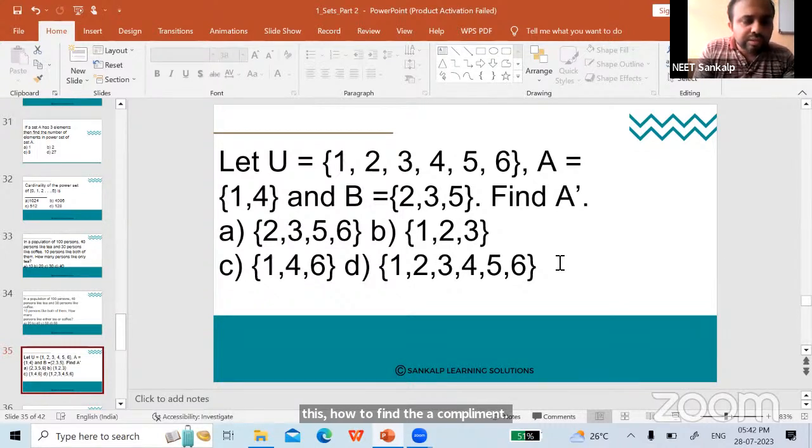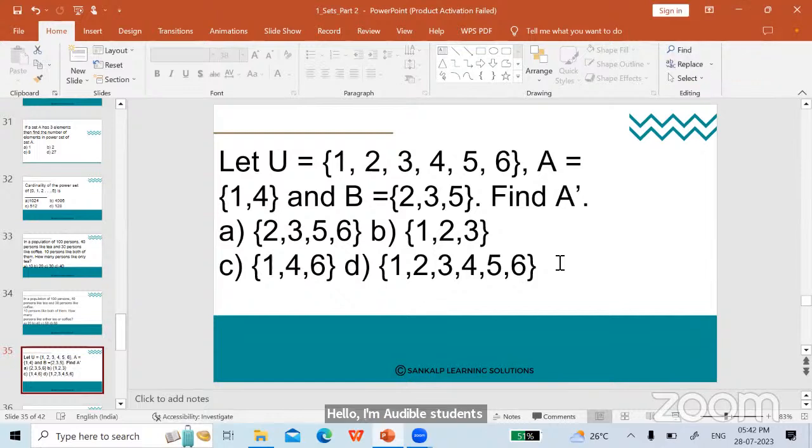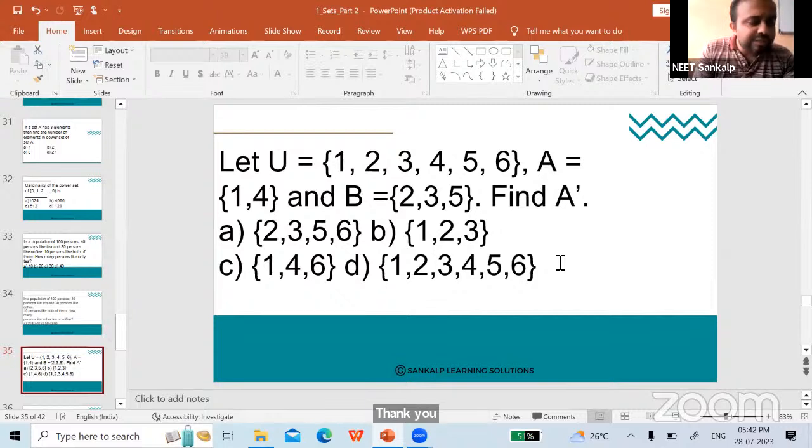Hello students, am I audible? Hello, am I audible, students? Yes, sir. How to find this? Please answer me. One of you find it and explain how to find the A complement here.